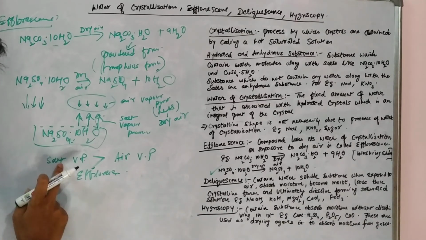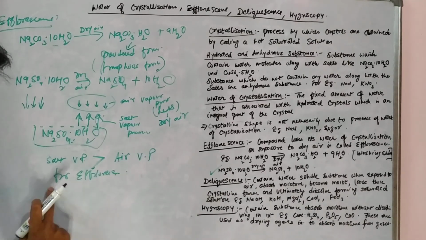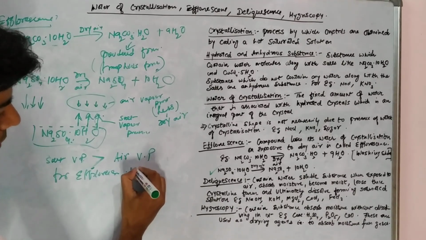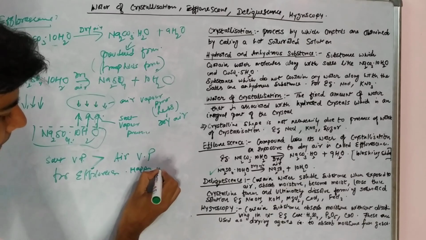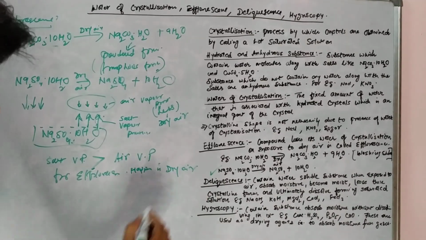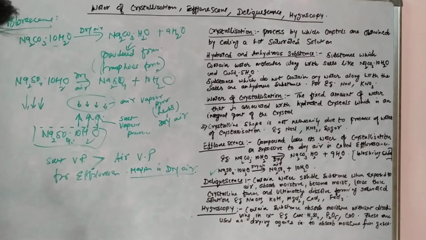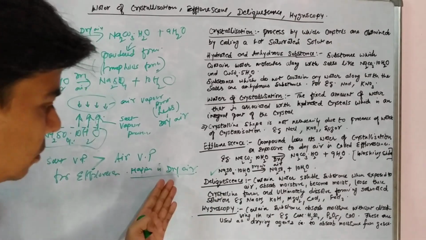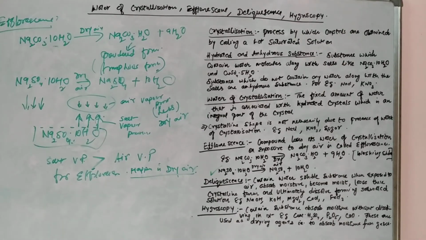So salt vapor pressure should be greater than air vapor pressure for efflorescence, and this will happen in dry air, right? So the phenomenon of efflorescence will get promoted in dry air, right?